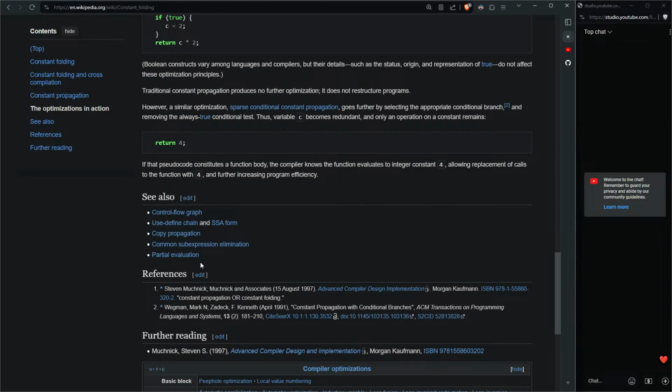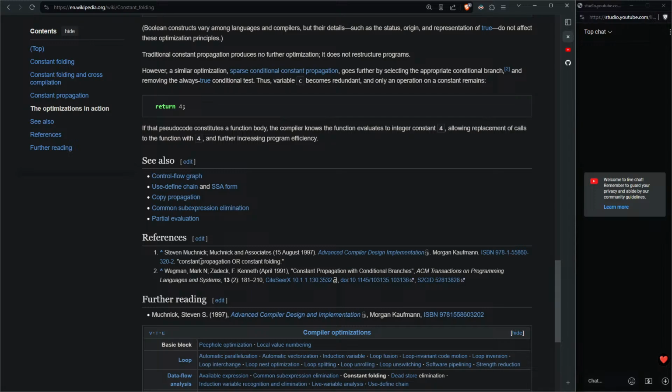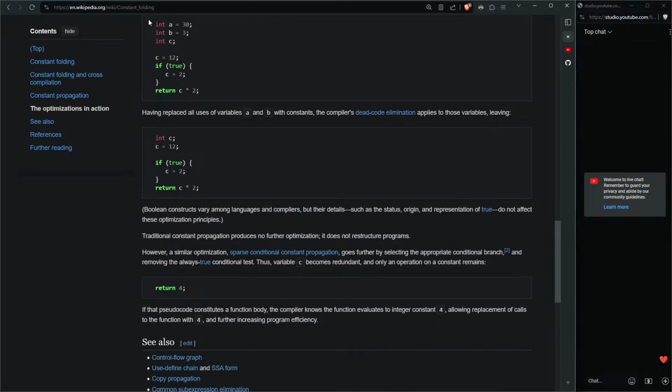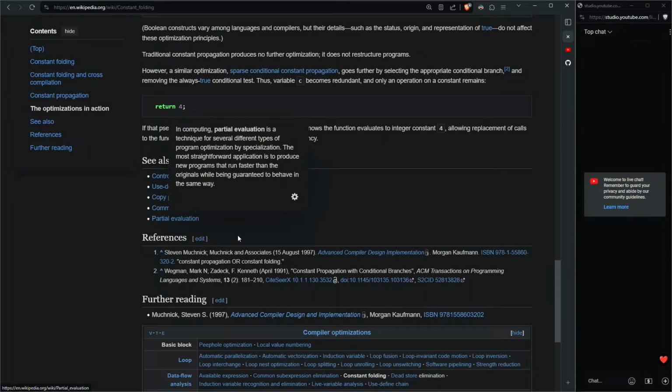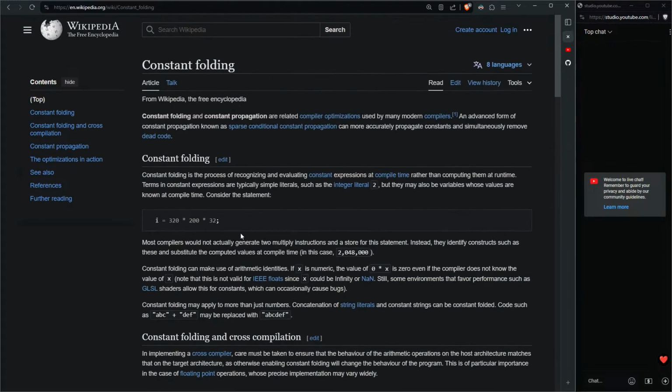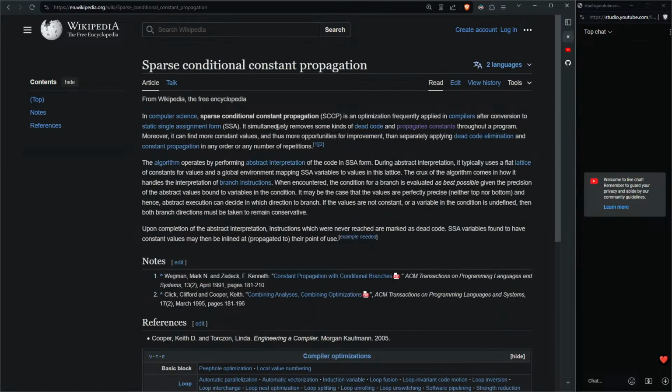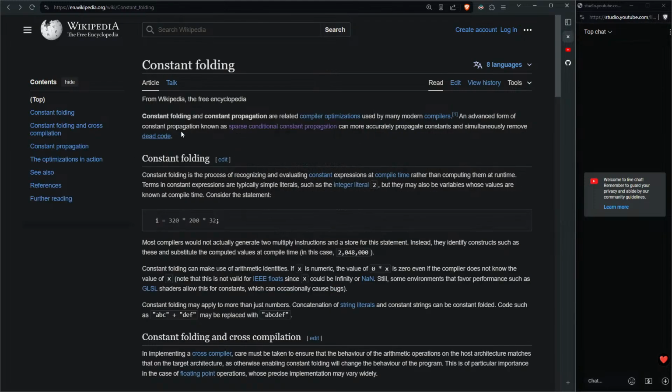There is an even crazier constant folding version, which is called, pretty sure it was here somewhere, I think this is the one, sparse conditional constant propagation. Okay, but anyway, let's go back here.